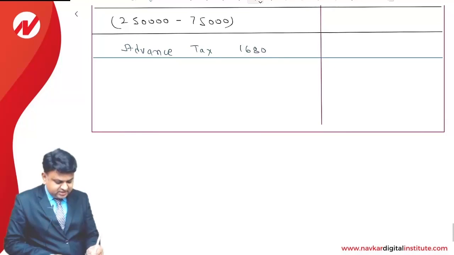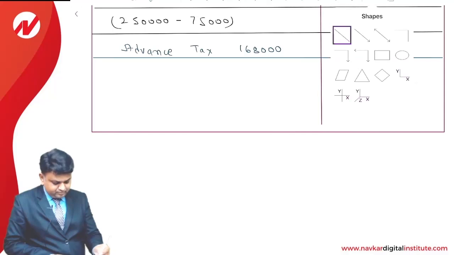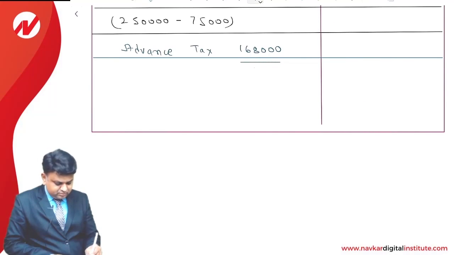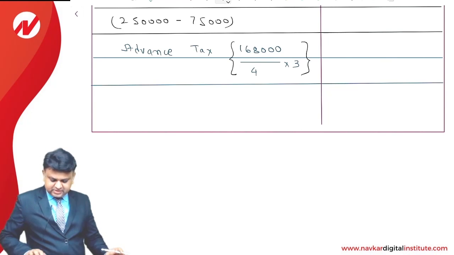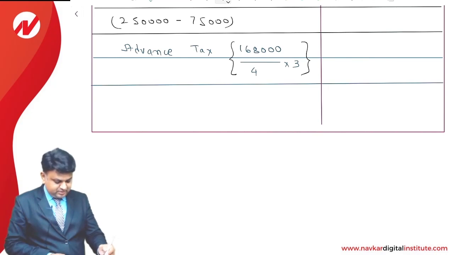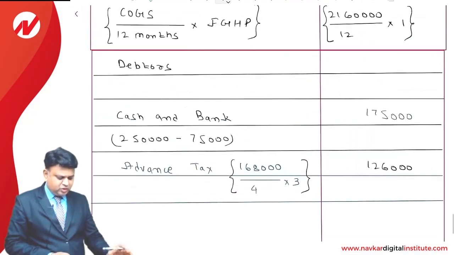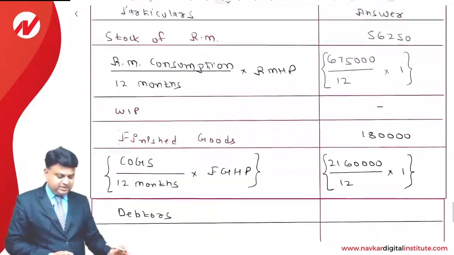So 1,68,000 divided by 4 into 3. So 168 into 3 divided by 4 is 1,26,000. So almost all the current assets are covered except the debtors.